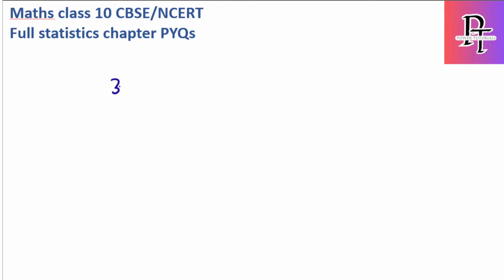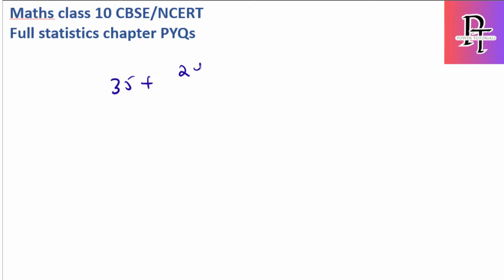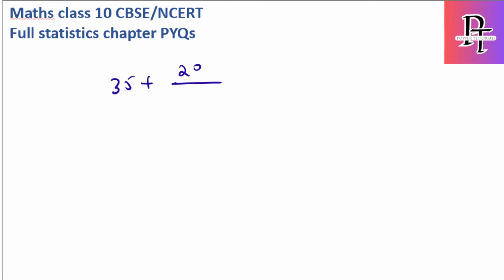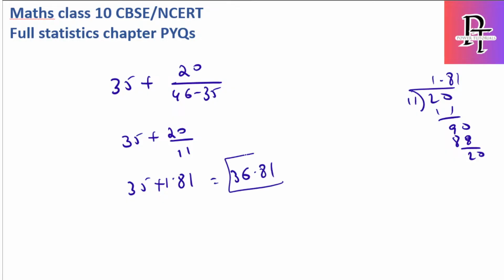It is 35 plus 2 into 10 is 20 by 46 minus 35. So it is 35 plus 20 by 11. So 20 by 11, if I do, 11 1 is 11, 90, and 11 8 are 88, then 20, 11 1 is 11. So it is 35 plus 1.81, which is 36.81, the mode value.